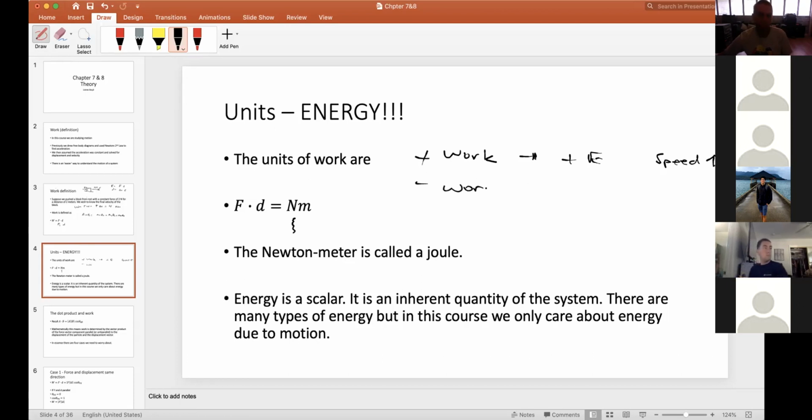Negative work means negative energy, which means speed goes down. And we'll see that. But it's really important that you understand force times distance is energy, newton meters, joules.